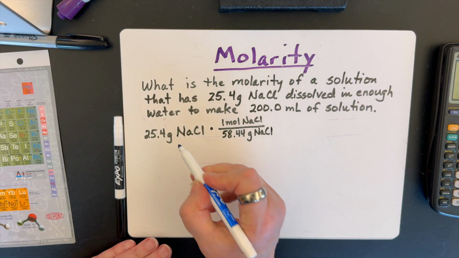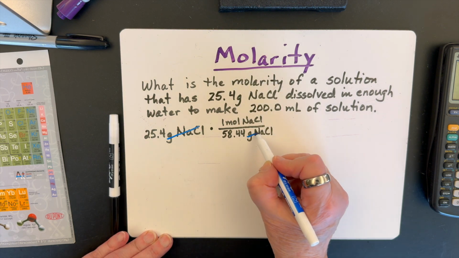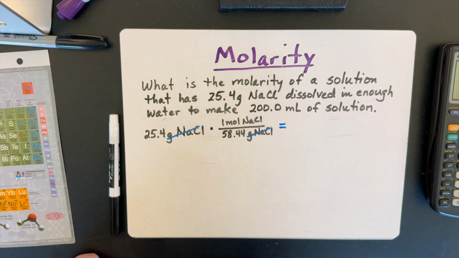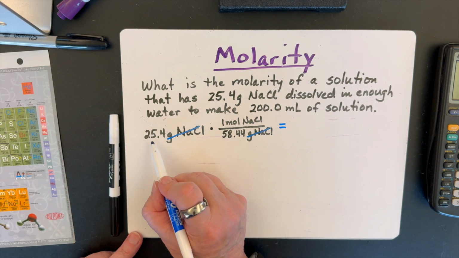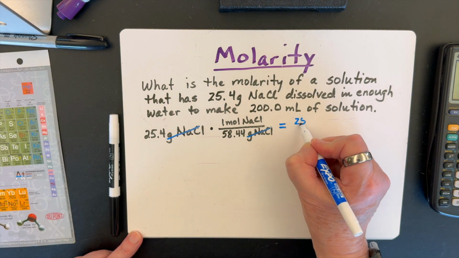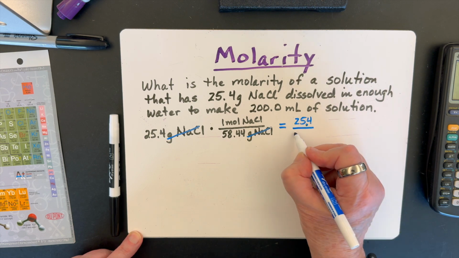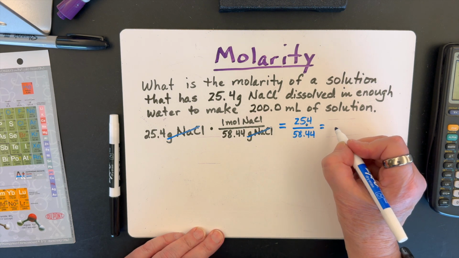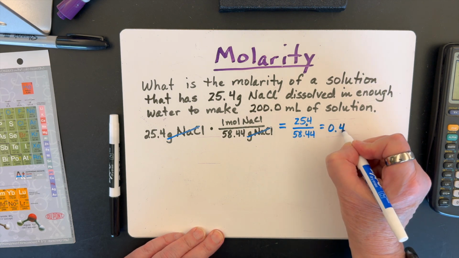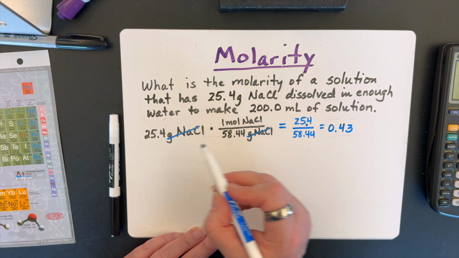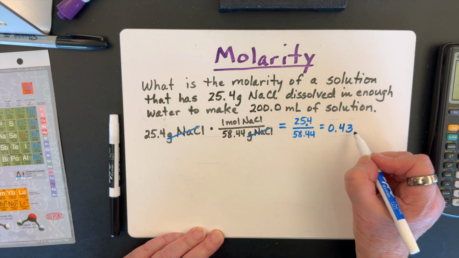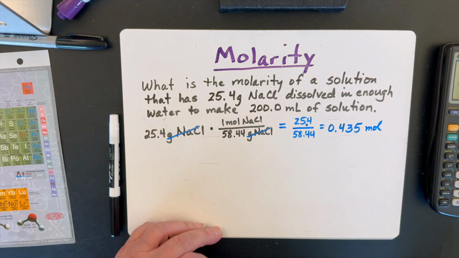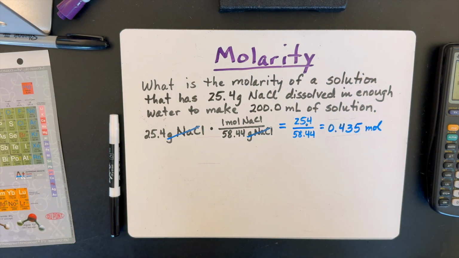The grams unit cancels, and when we do the math, we will end up with moles of NaCl. So we need to take 25.4 and divide that by 58.44, which equals 0.435. And since we had 3 sig figs here, I'm going to keep 3, 0.435 moles of NaCl. So that's going to be our top number.